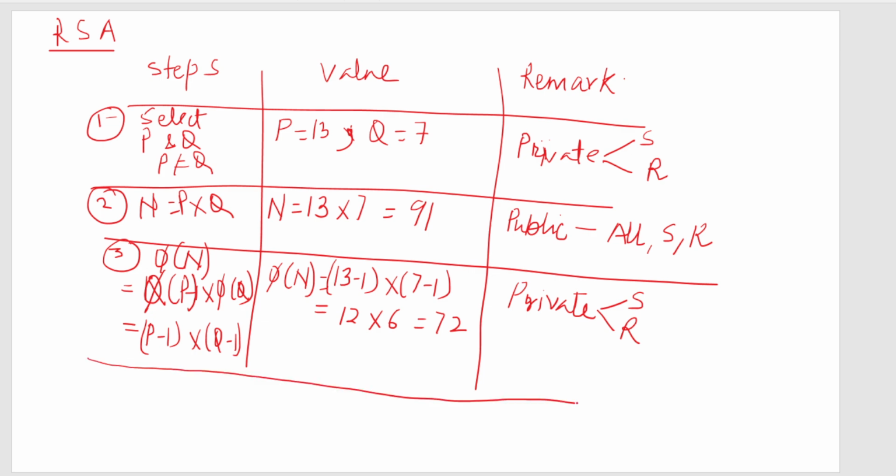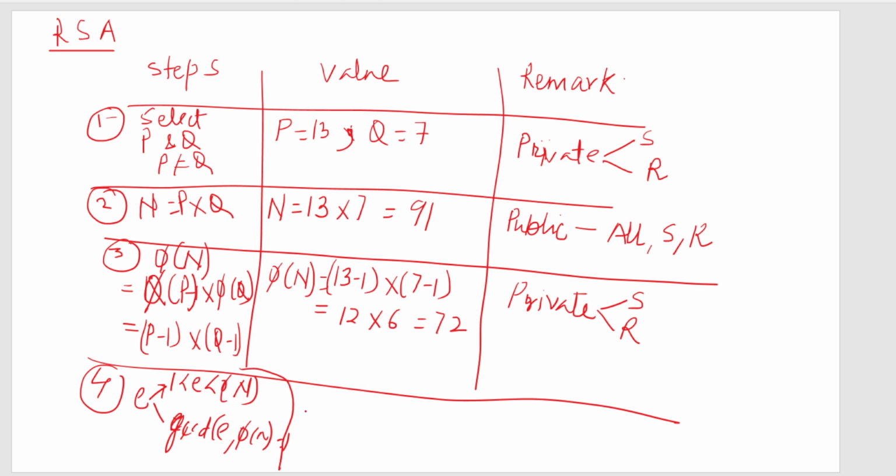Now the fourth step is to calculate the value of E, such that E satisfies two conditions. One, E should lie between 1 and phi of n, and secondly, the GCD of E and phi of n should be 1. So these are the two conditions. Based on this we calculate the value of E. Suppose we choose the value of E to be 5.